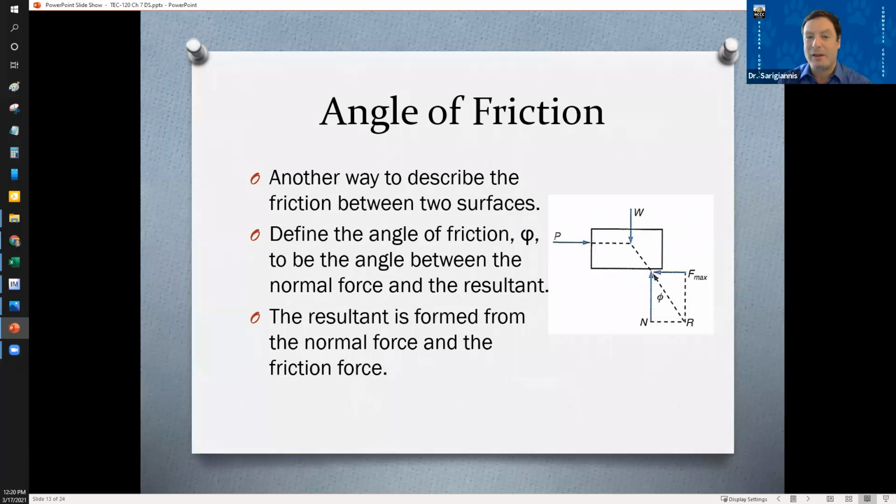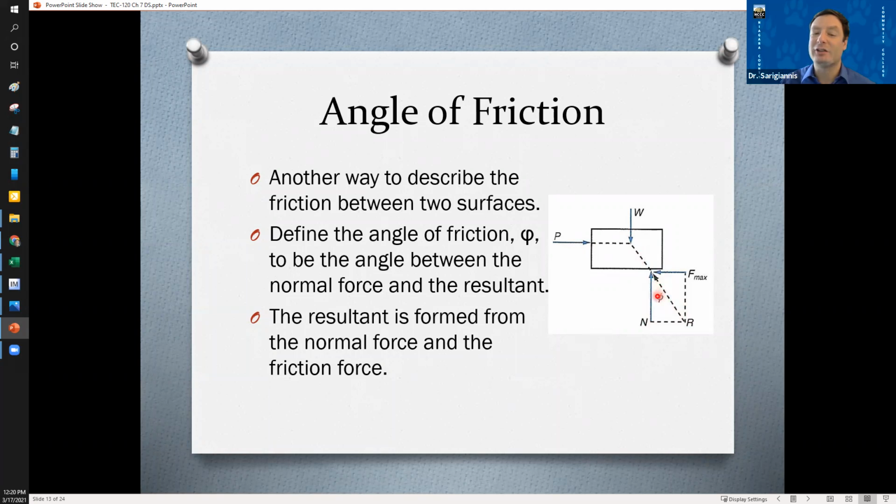Besides using the coefficient of friction, the other way you can describe friction between surfaces is this angle of friction concept. In other words, what's the angle, phi, between the normal force and the resultant?